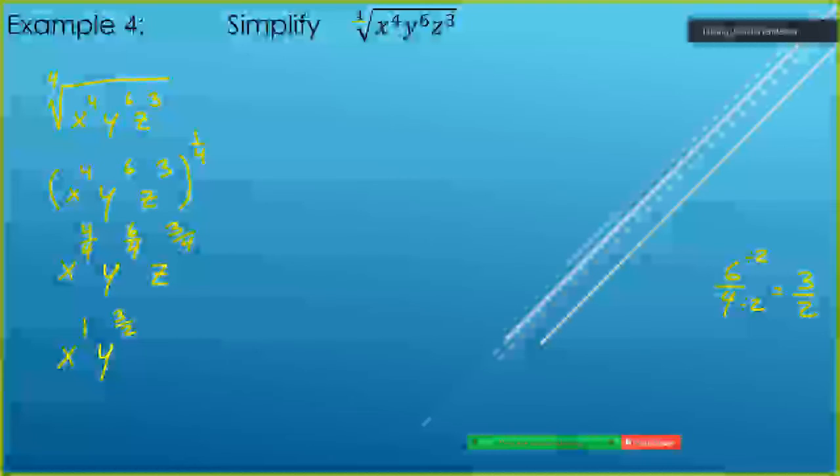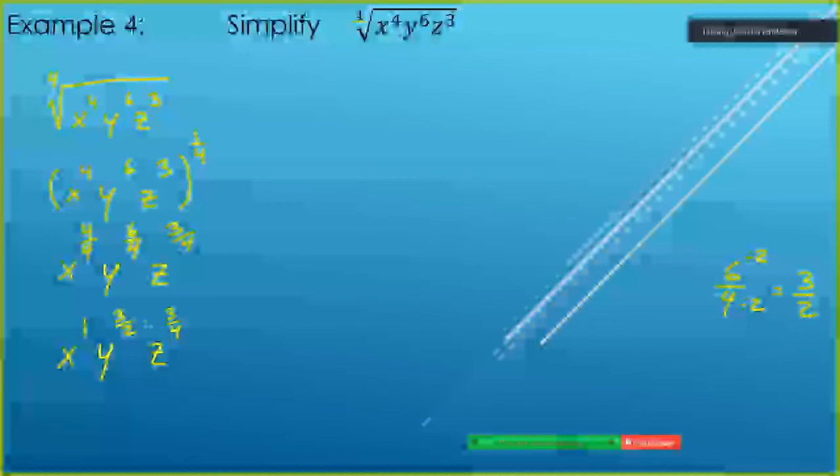And then z, I can't reduce 3 over 4, and I can't divide it. So I guess we're stuck with the z. It doesn't really change. It's just z to the 3 over 4.